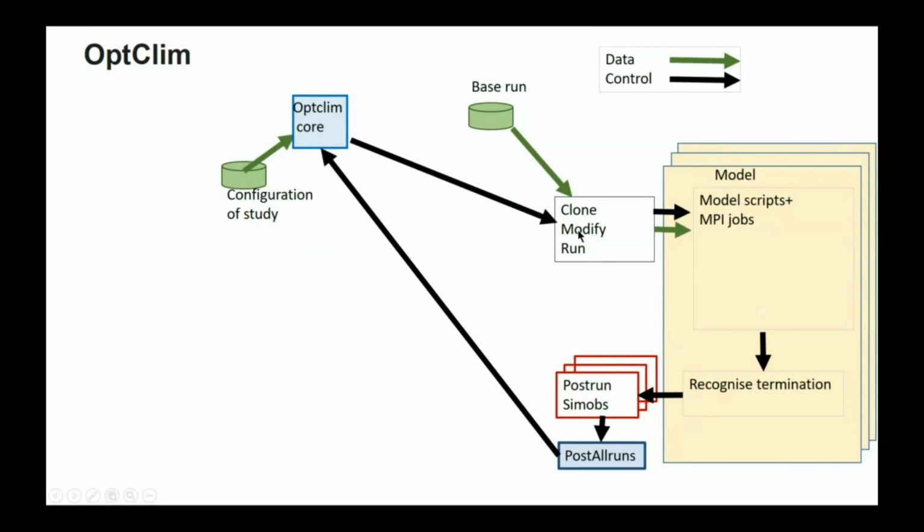The parameters for each of those clones are then applied, and the model then executes. On completion of the model, we calculate simulated observations for each of the models that's run. And then when all of those simulated observations have been calculated, we have a further step which just re-invokes the OPTCLIM core, which gathers the results to date, and then sets a new set of runs with a new set of parameters. And so around the loop we go.